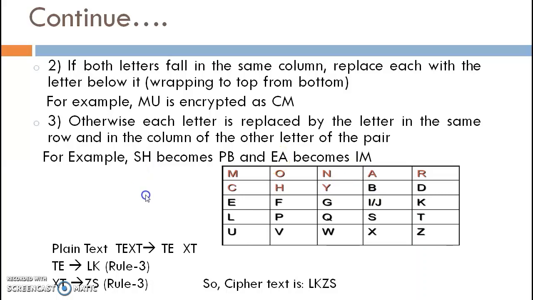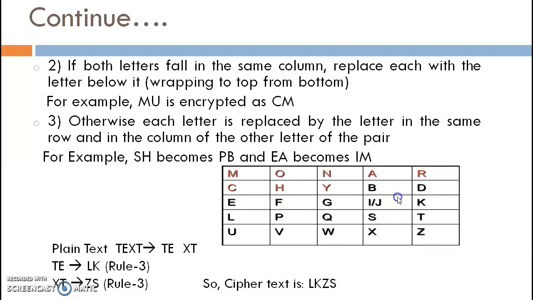Now following these three rules, consider that our plain text is TEXT. It is converted to pairs of two characters and becomes TE and XT. TE is replaced with LK as shown in the figure as per rule number 3, because T and E are not in the same row and not in the same column.